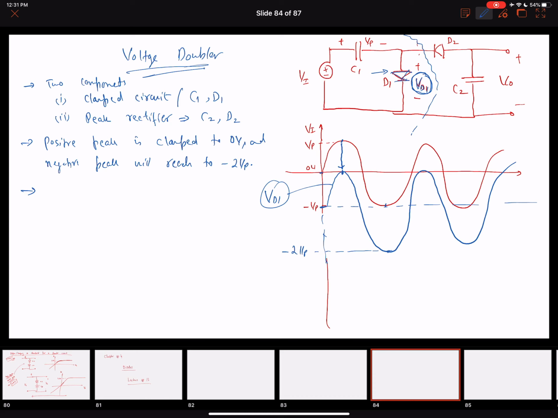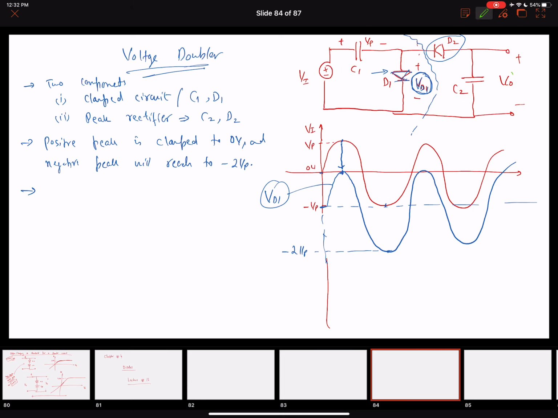All right. So next is our peak rectifier circuit. If I again look at the direction of this diode, we can see that rather than rectifying the positive peak, it is going to rectify the negative peak.